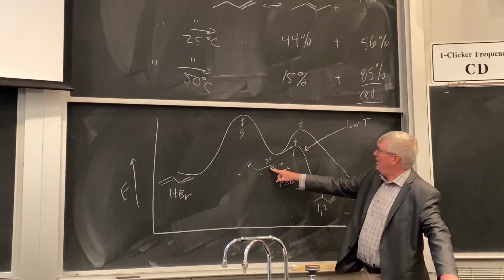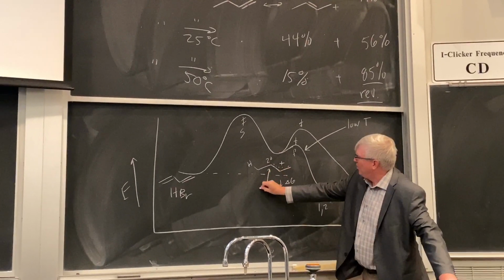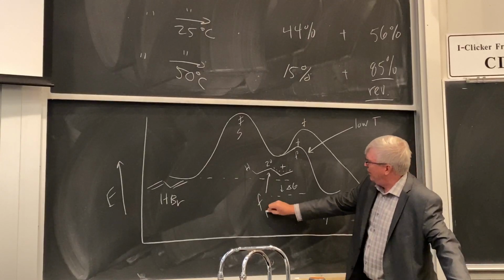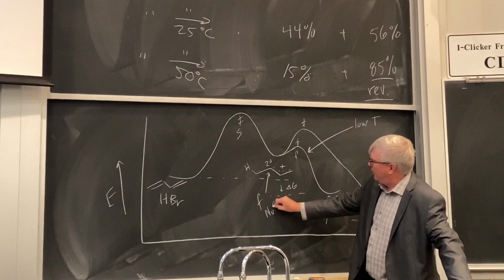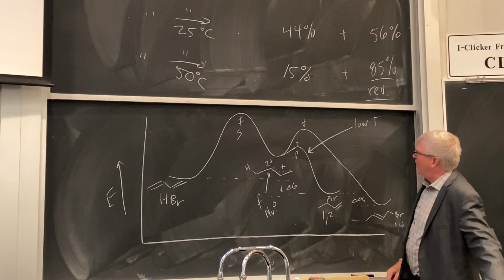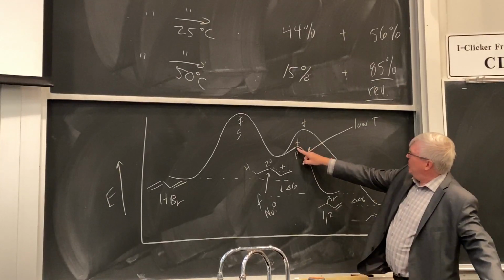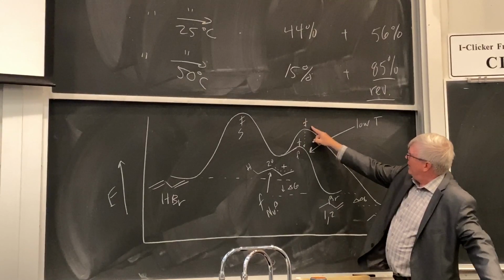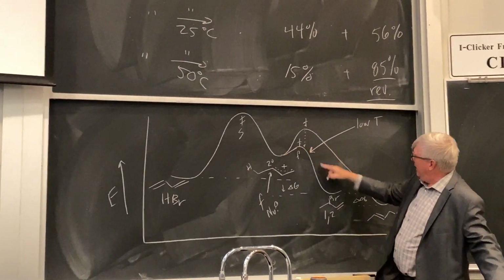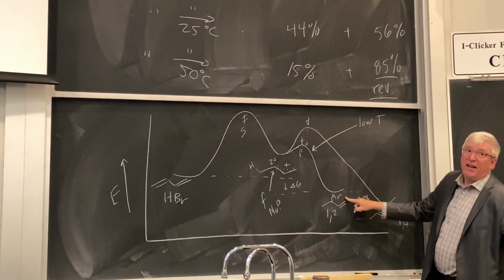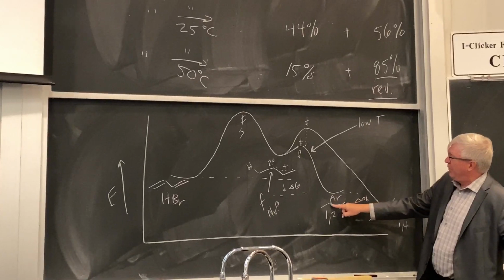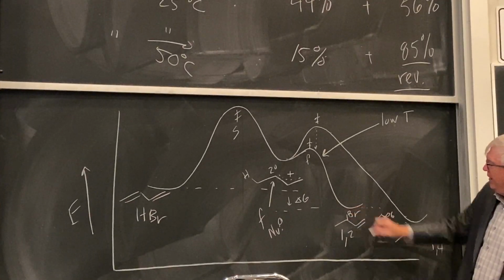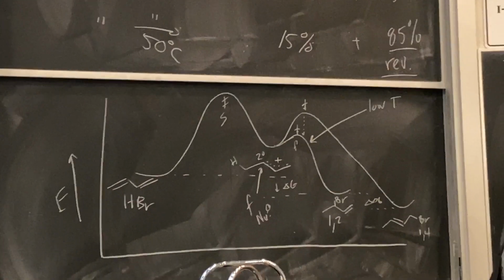That's going to be faster for the addition, okay, for the nucleophile. And our nucleophile is bromide, right? It's the same for both. But you see, that's the transition state here that's quite a bit lower, right, than this one here. So at low temperature, we're going to get mainly this, okay? The addition of the nucleophile at the more substituted spot. We're going to get that 1,2 bromide.